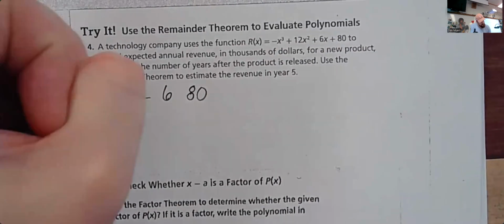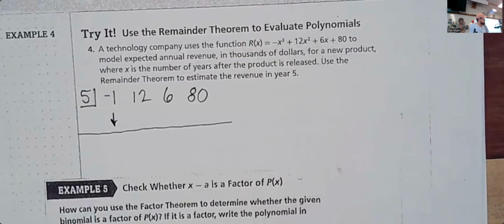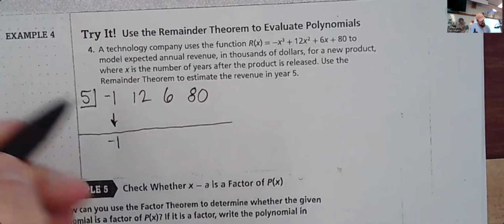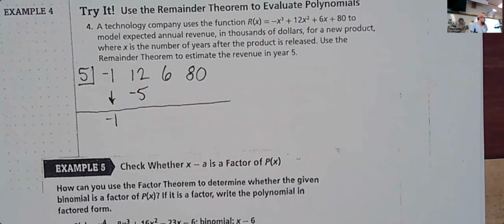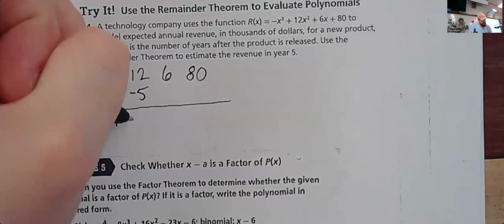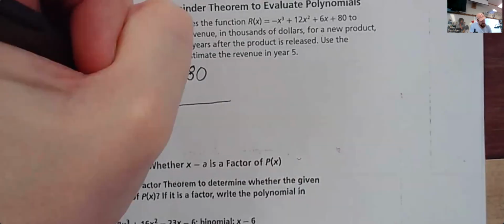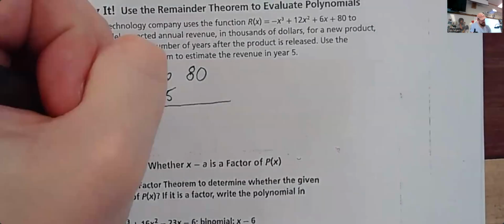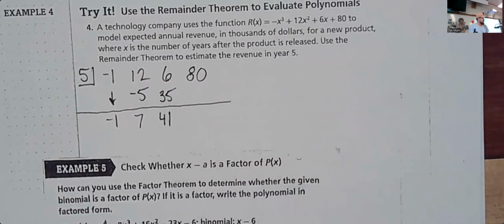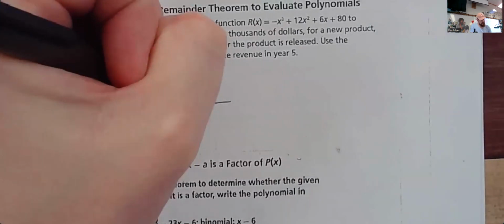And then we're going to bring down our first one, -1, multiply by 5. 12 plus -5 is what? Or 12 minus 5 is what? 7. 7 times 5 is 35. 35 plus 6 is 41. 5 times 41 is 205.